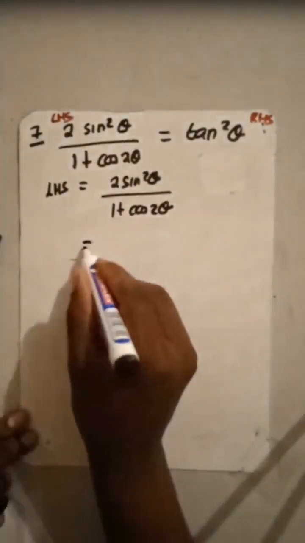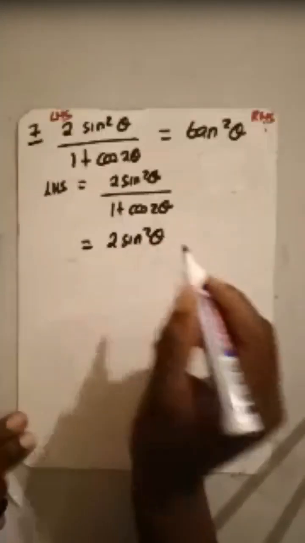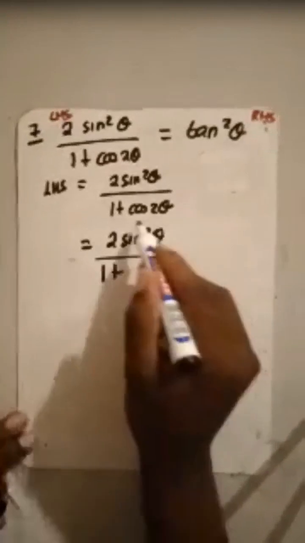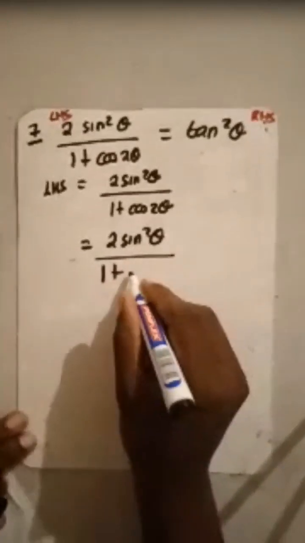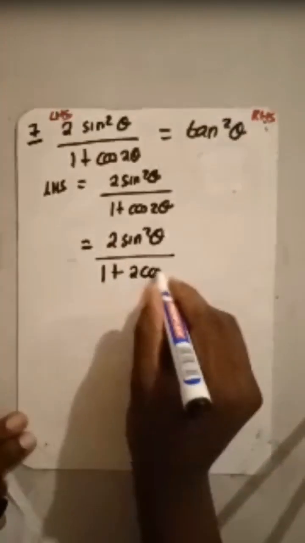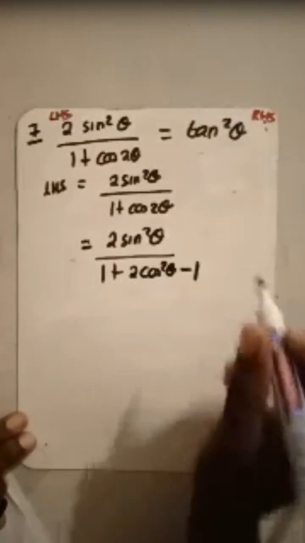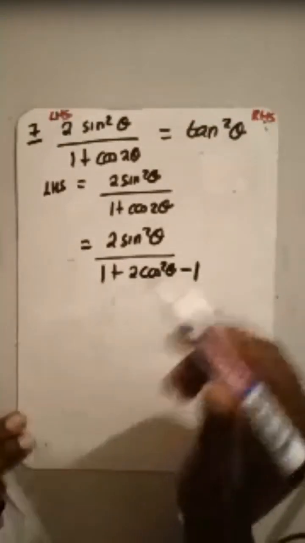On the upper part, we are not going to change anything. Sine squared theta over 1 plus. But this one, cos 2 theta, I am now going to use 2 cos squared theta minus 1. Because I want to remain with cos in the denominator.